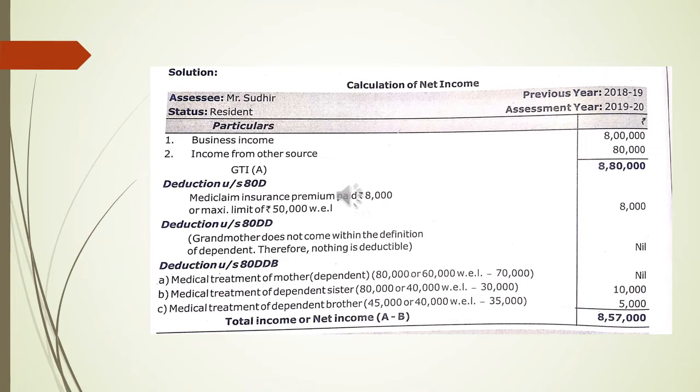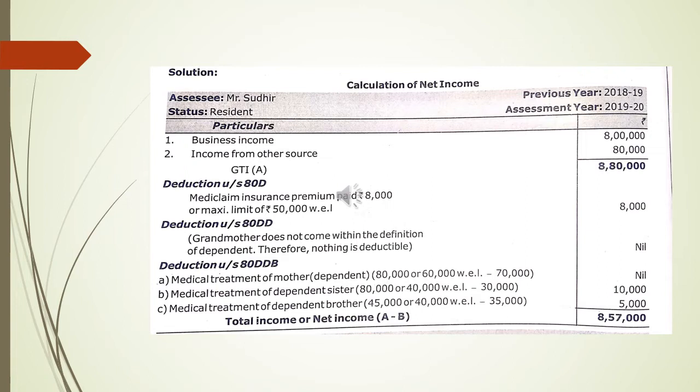So according to 80DDB, the assessee can claim up to 60,000 rupees for his dependent parents. 60,000 is the maximum limit he can claim, or 80,000 what he has spent for the treatment. But the insurance company has given you only 70,000. So whatever you have spent and your eligibility is only 60,000.